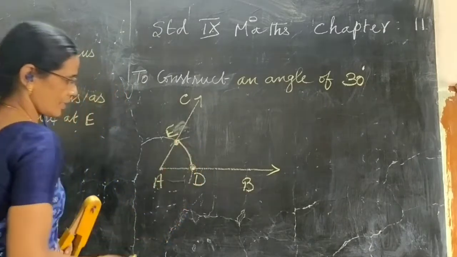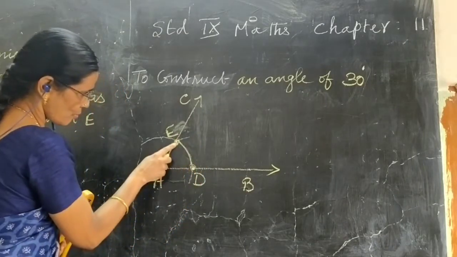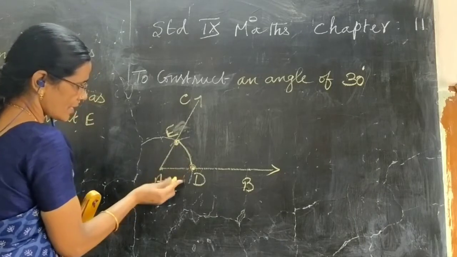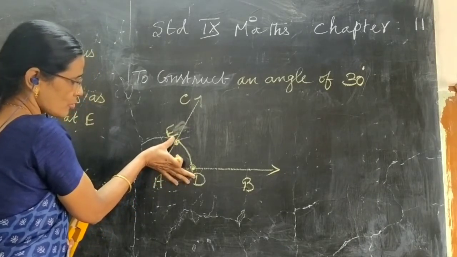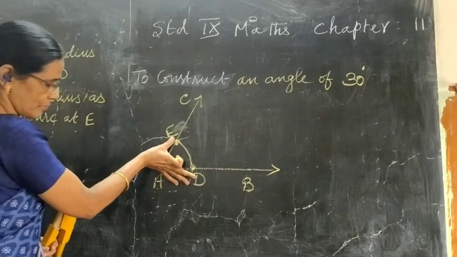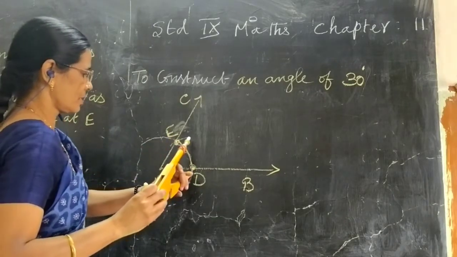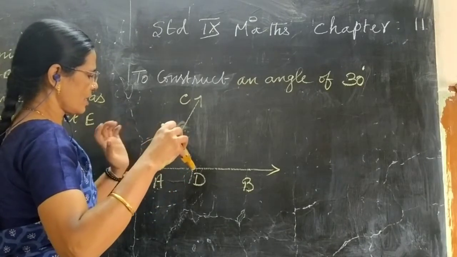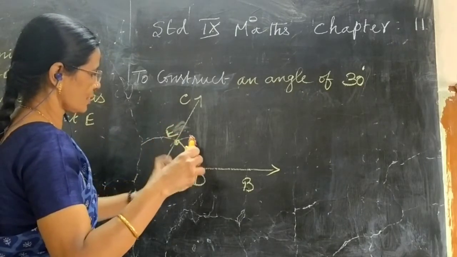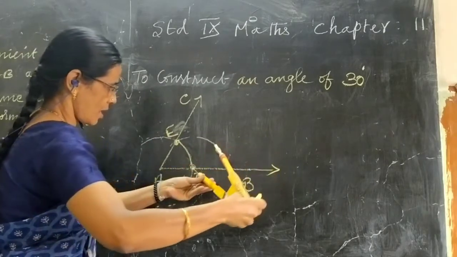This is 60. So taking these 2 points as centers and radius more than half of DE, we are going to draw 2 arcs to intersect. So D center, radius more than half of DE, it can be full also. Any radius more than half of DE, I draw an arc.